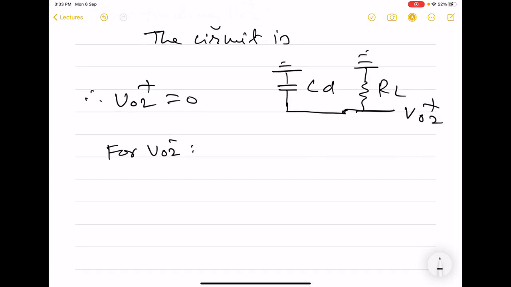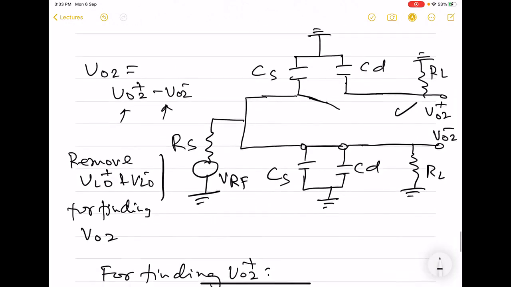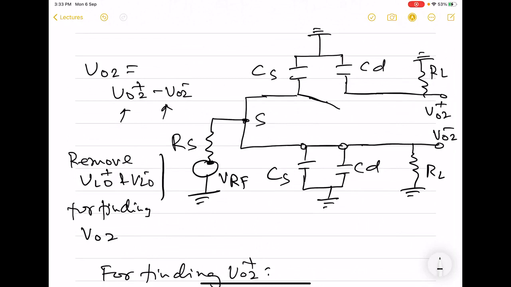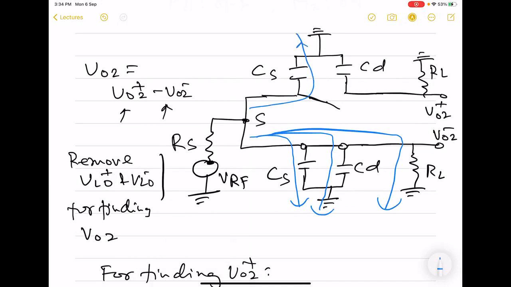Now for finding VO2 minus, here we see that between this RS and common source, we have RS, and then from this source, we have this CS to ground, this CD to ground, this RL to ground, and this CS to ground.